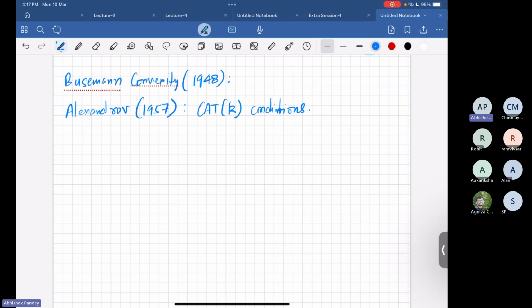All these things, Busemann convexity and Alexandrov's notion of CAT(K) conditions, are related to Riemannian manifolds with sectional curvature.